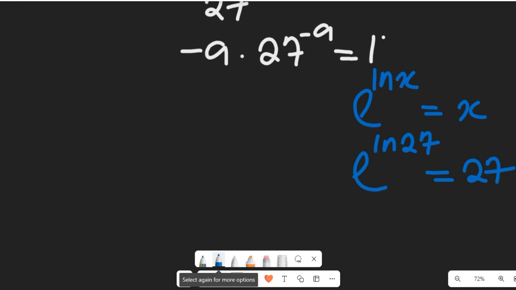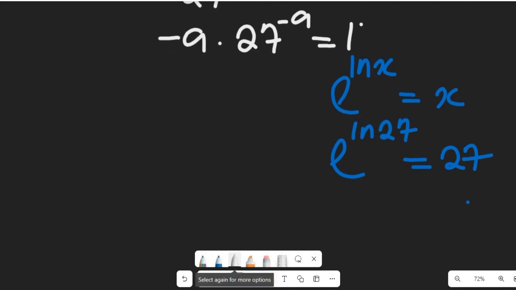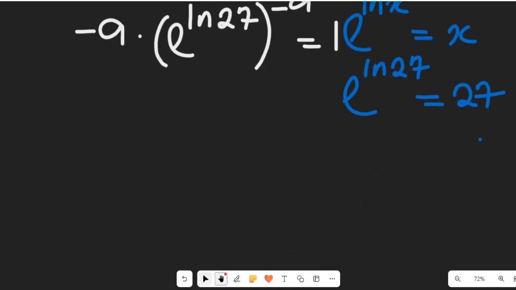Now let me try that. If I try that in that expression, it will now give me negative a multiplied by the exponent of ln of 27, and all of these will multiply negative a, and that will be equal to 1. Great. Now if I look at that expression very well, I can simplify it by multiplying the index.